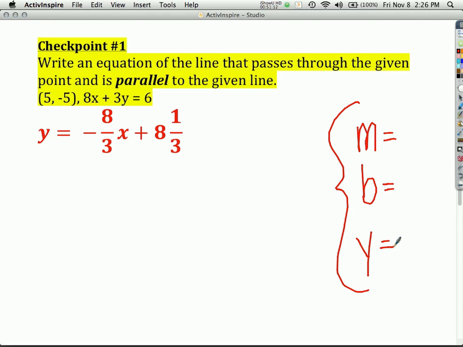Very good. Opposite of A over B, put it in simplest form, it already is, so you get negative 8/3. Excellent. Give me a thumbs up if you got the correct y-intercept. Good. And how'd you find that?